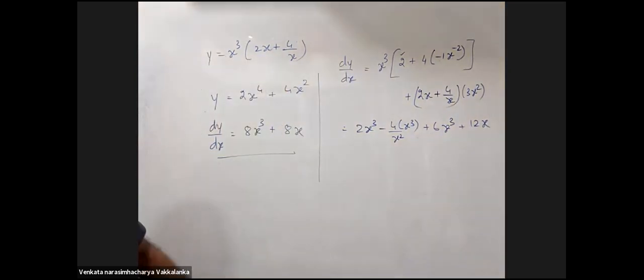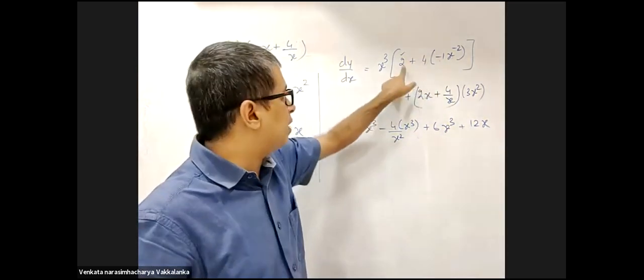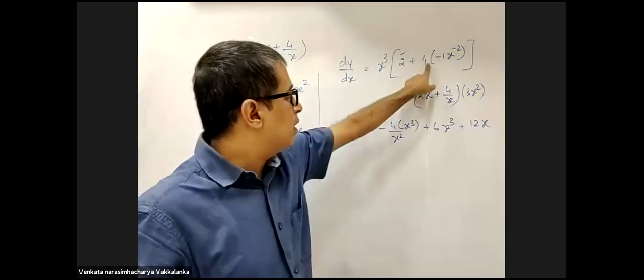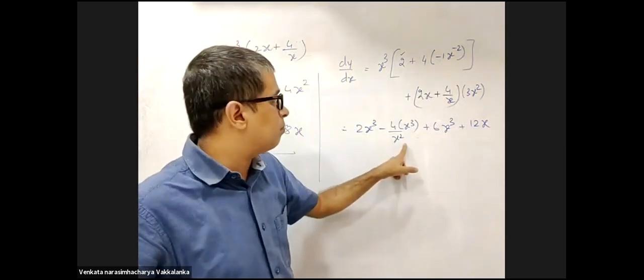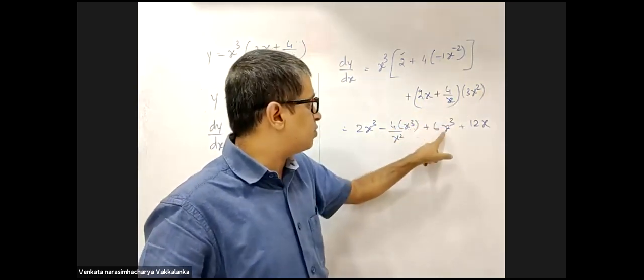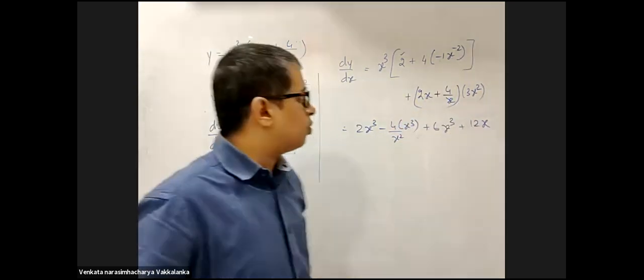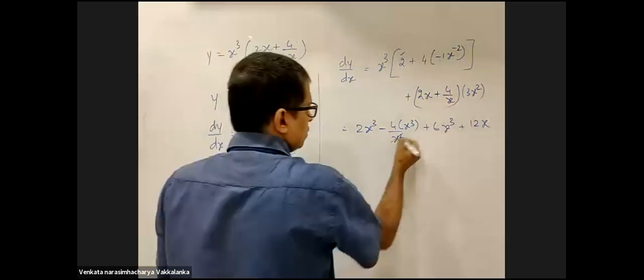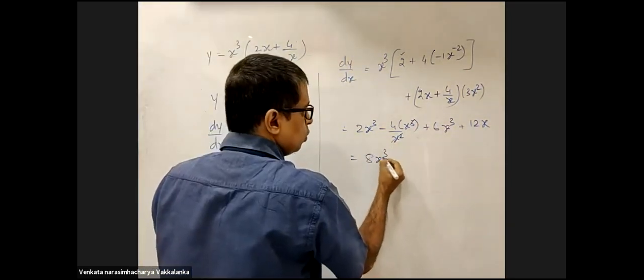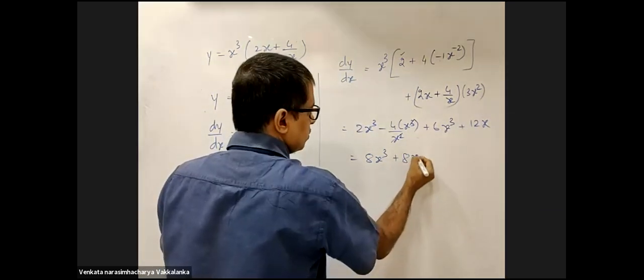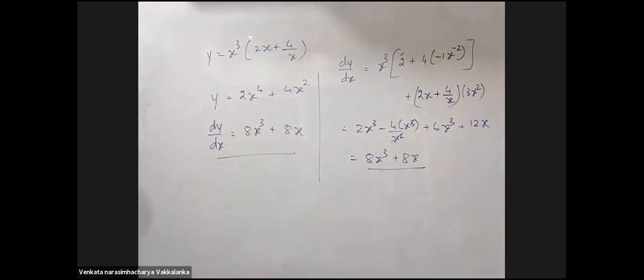If my simplification is right, I just opened up the brackets. 2x cube, minus 4 x cube by x square, 6x cube plus 12x. 8x cube plus 8x is the answer that you are expecting. Yes, sir.